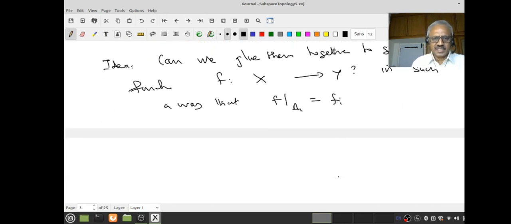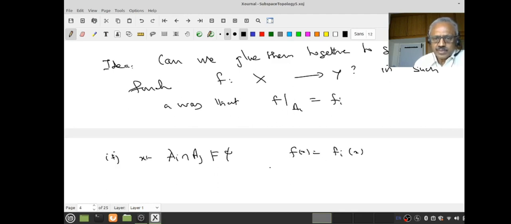What is the necessary condition? Suppose i is not equal to j, and A_i intersection A_j is not empty. If I have an x there, then f(x) should be f_i(x) because x is in A_i, and it should also be f_j(x) because x is in A_j. But I want f to be a function, that means f(x) should be well defined.